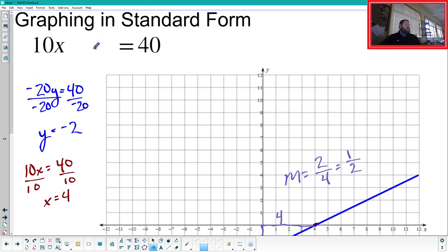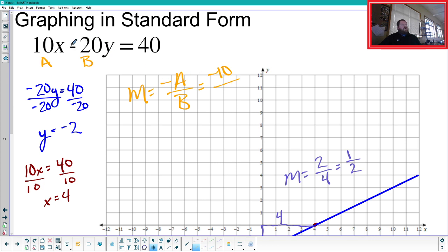Again, let's test my theory a little bit. And I mentioned that the slope comes from the opposite of A divided by B. So if I look at this, and I say that it's the opposite of A over B, well, this one's A and this one's B. The opposite of A, the opposite of 10 is negative 10.